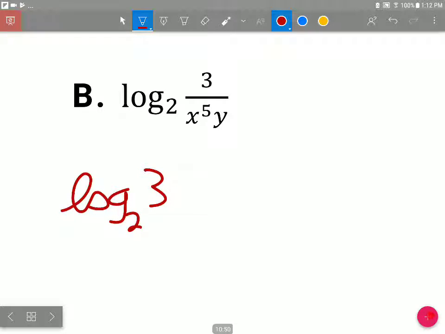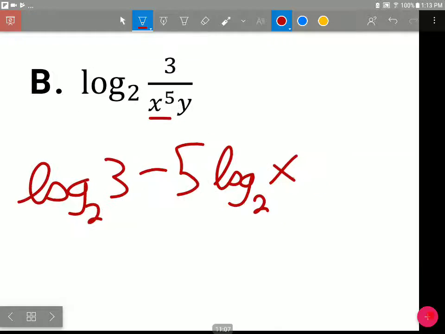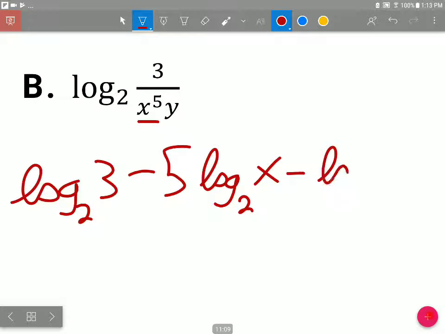Should that one be positive or negative? Positive, because it's on top. The x, are we going to add it or subtract it? Subtract. But what are we going to put out front? The 5. Very good. 5 log base 2 of x. We cannot change our log base 2. The y, is it positive or negative? Negative. Log base 2 of y. Cool.